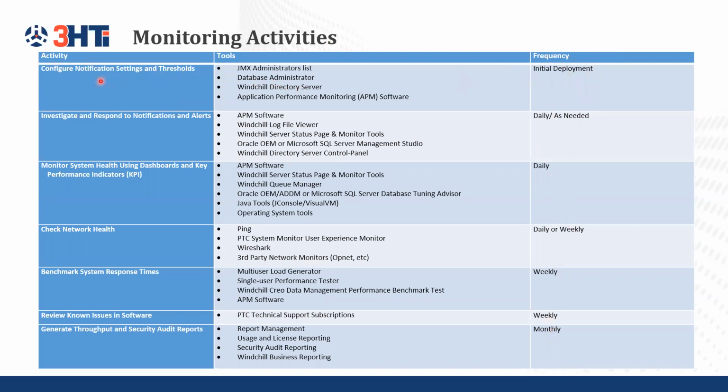But we'll start to go through these. So upon system setup, you would want to configure notification settings, making sure all the alerts and things like that are assigned to the correct people, so notifications aren't being sent into the void or anything like that.